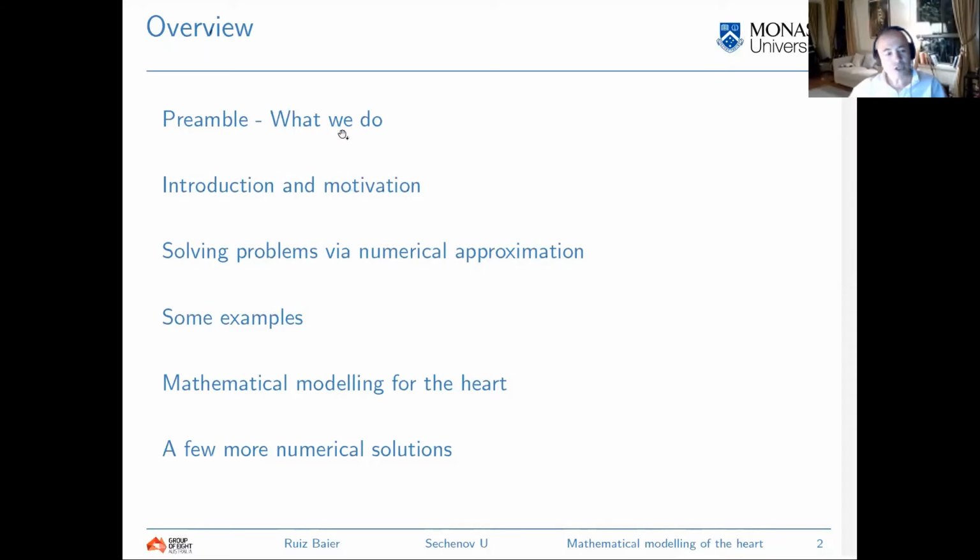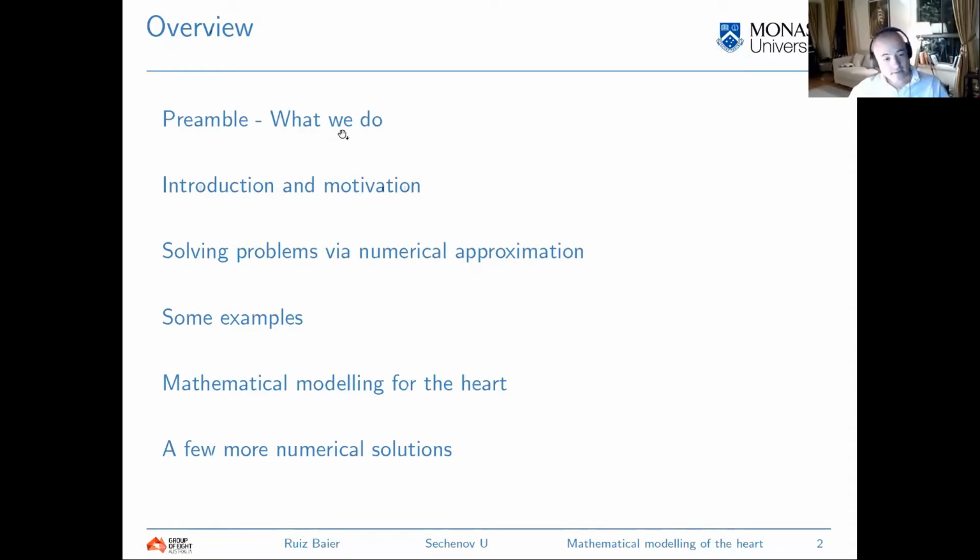And then we're going to try to drive the discussion towards one specific application, which is the interaction between mechanical forces and electrical stimulus in the heart. So electrical stimulus drives the motion of the heart, and you know that that's what keeps you alive. So it's a very important system to understand.